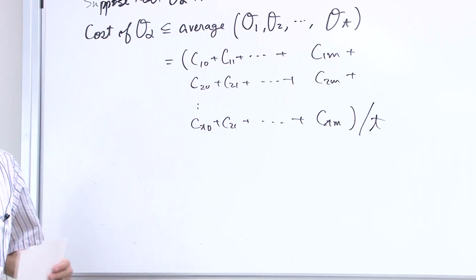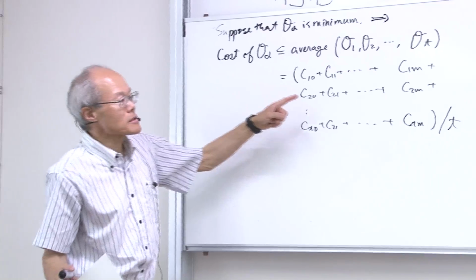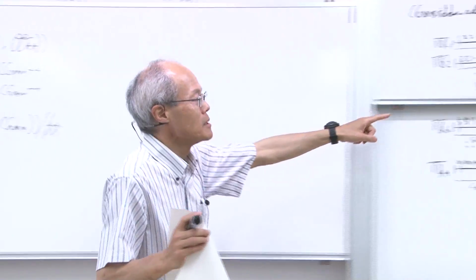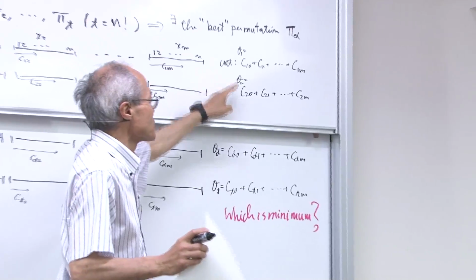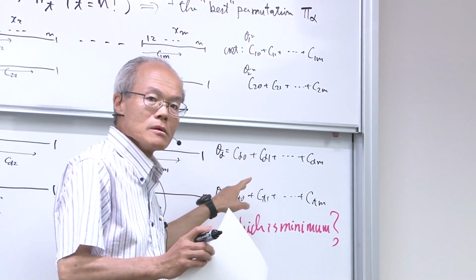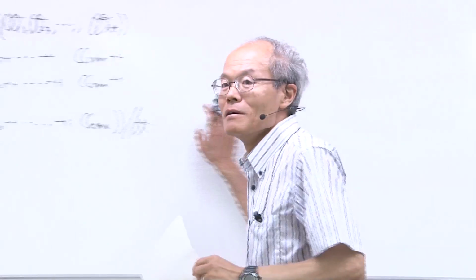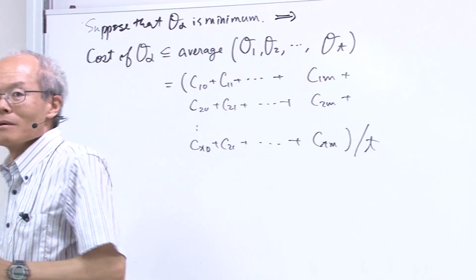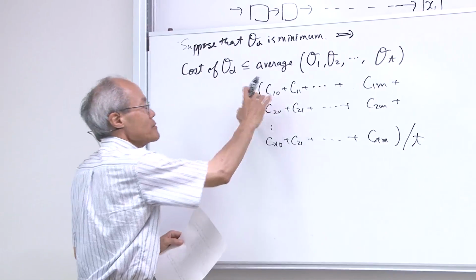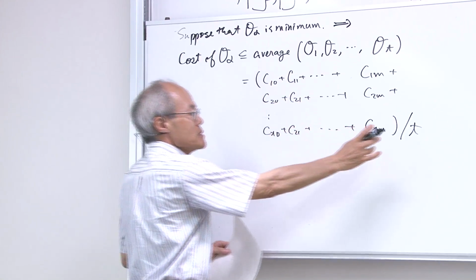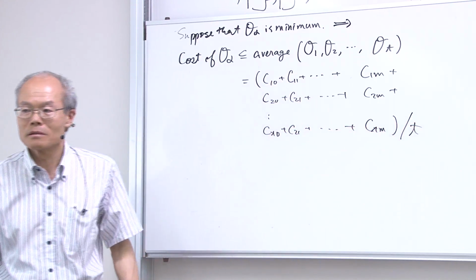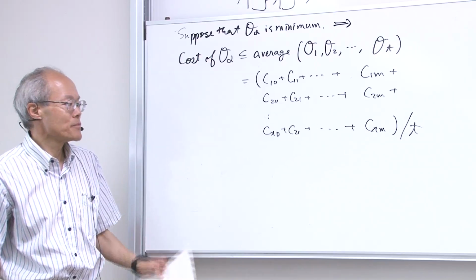What is average? Average is, of course, the whole sum of the t values divided by t. Right? The sum of the whole t values divided by t. That is average. Exactly is average.